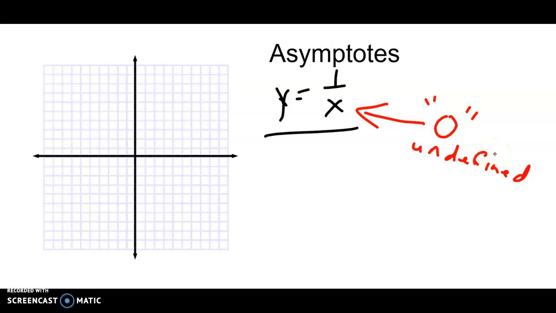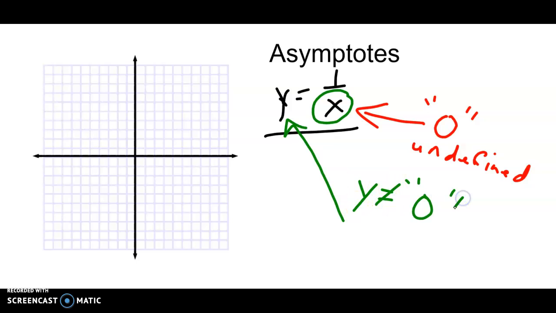Remember, when we have a graph and we have an undefined term, that means that it's going to be the location of the asymptote. So as x changes, if x is 0, y is going to be undefined. The other thing is that there is no value that I'm going to be able to place in for x that's ever going to make y equal to 0 as well. So now we have two different asymptotes.